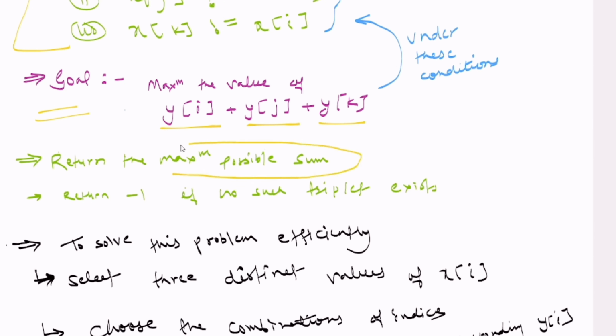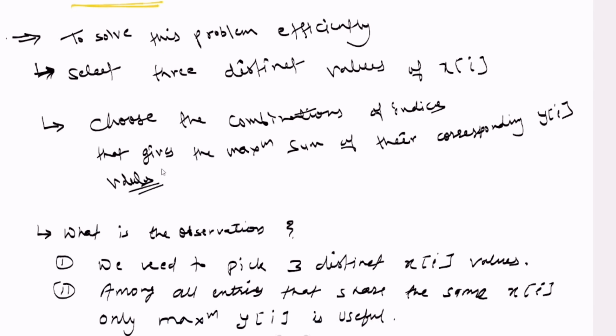If no such triplet exists, we return -1, and if it exists, we return the maximum.